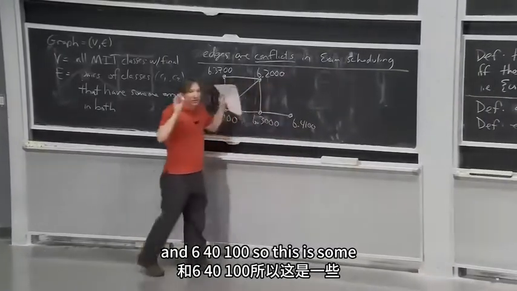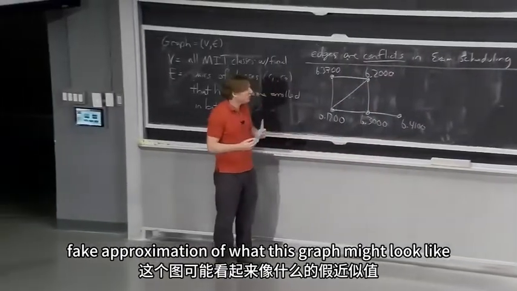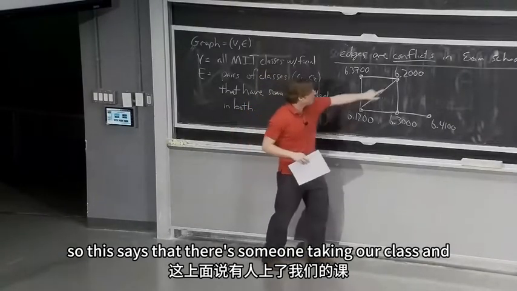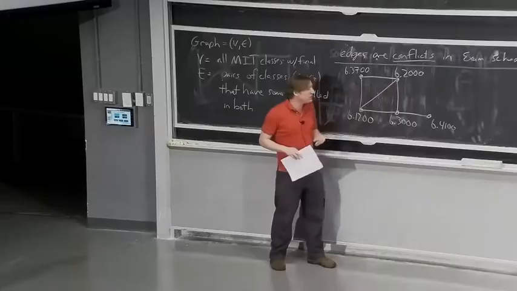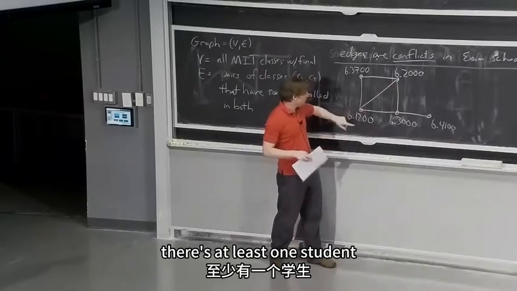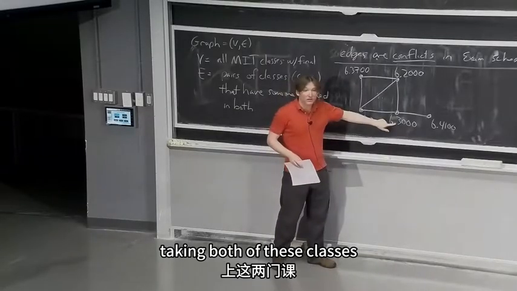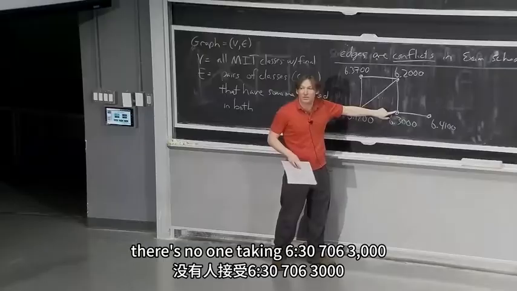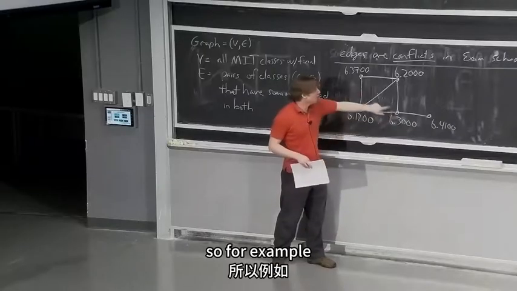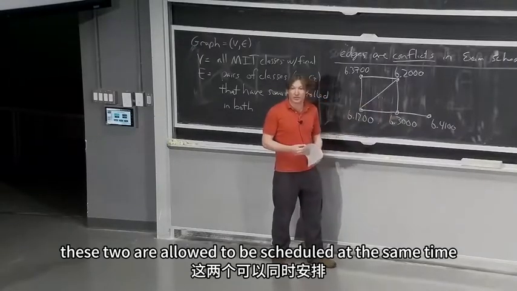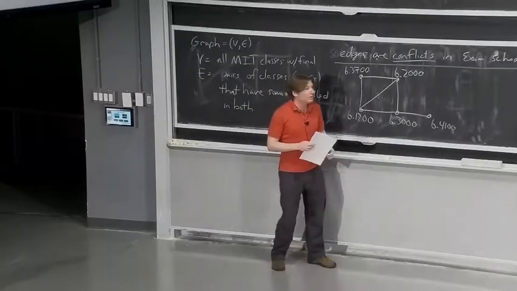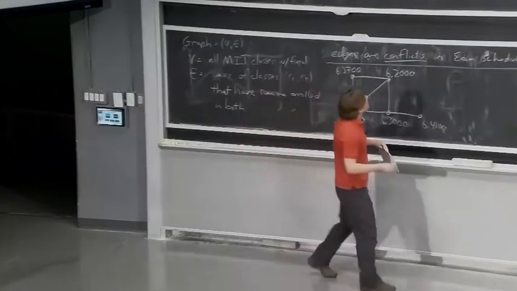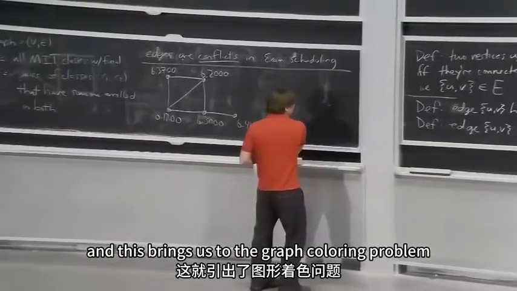So this is some fake approximation of what this graph might look like. So this says that there's someone taking 6.1200 and 6.2000. There's at least one student taking both of these classes. There's no one taking 6.3700 and 6.3000. So for example, these 2 are allowed to be scheduled at the same time. So this is listing all of our conflicts. And this brings us to the graph coloring problem.